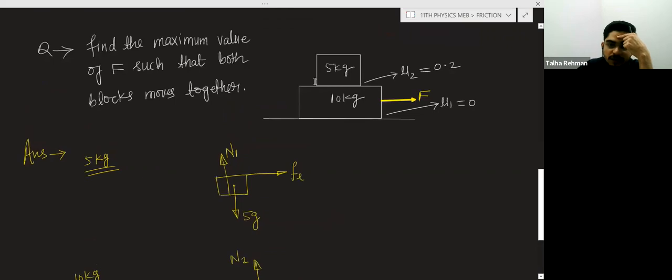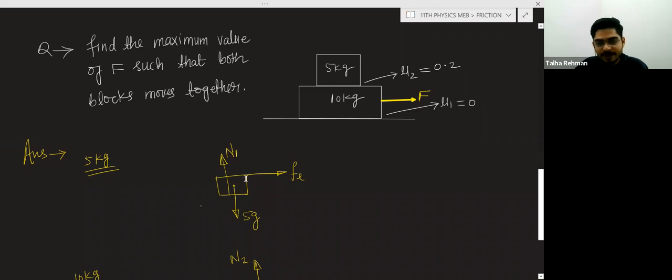Now see here, this 10 kg block and 5 kg block are in contact. So this 10 kg block applies a normal reaction like this on the surface of the 5 kg block. And as I told you, according to Newton's third law, forces are in pairs.